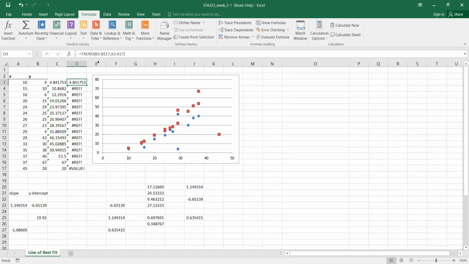I put in that formula and then I just copied it all the way down. So your first one was 4.8417, yeah. So I did that and then I went to copy it. It doesn't work. Huh. What should the formula be? Well, that's what I was struggling with.